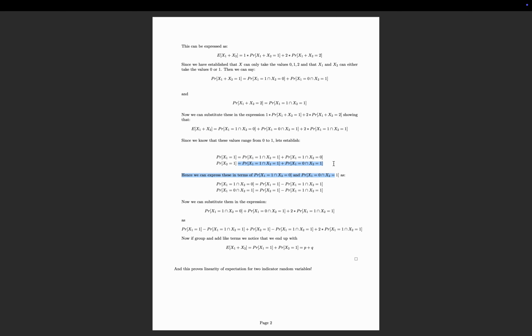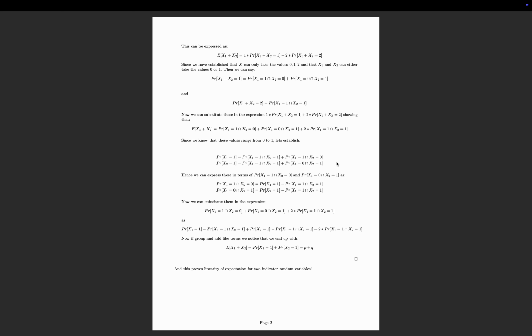And the same applies for here. In both of these cases, x2 is equal to 1, and that will give us the probability that x2 is equal to 1. So these would be valid, and we're accounting for every possible combination, so we should be fine.